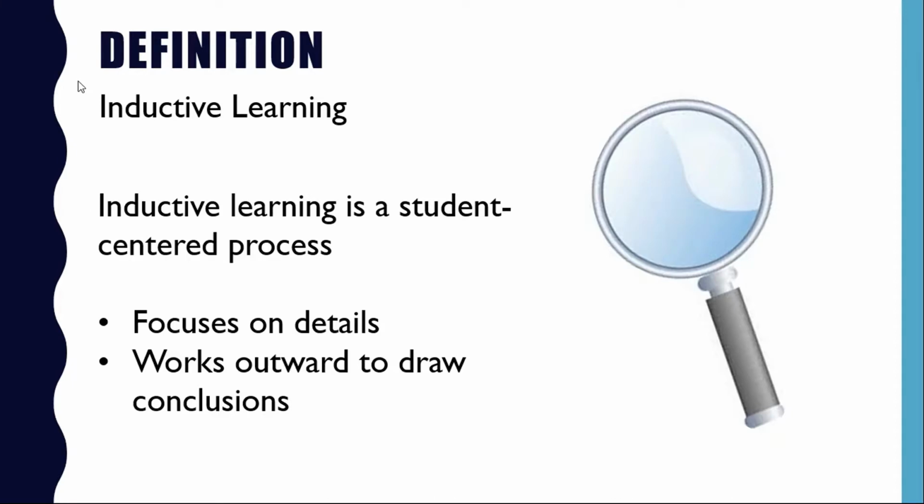So let's look at the definition of inductive learning. Inductive learning is a student-centered process where you can discover rules by observing examples. It focuses on details and it works outward to draw conclusions. Much like using a magnifying glass, you can look at things in greater detail.